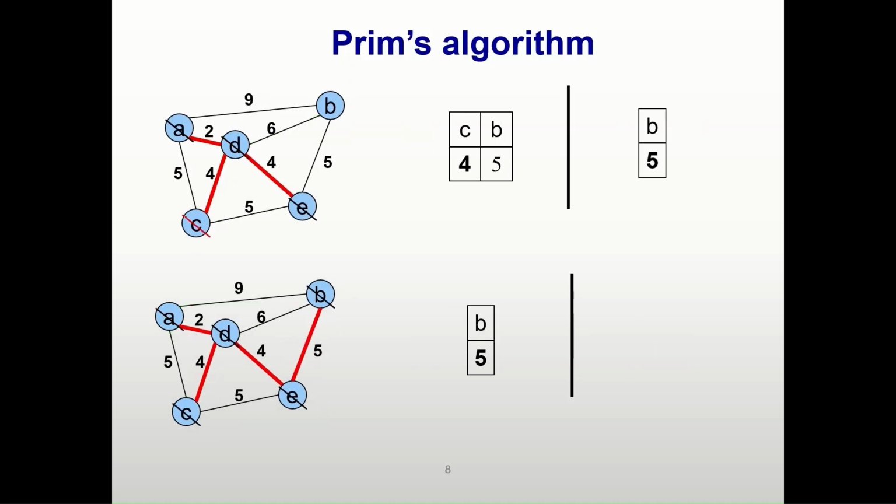Repeat this procedure and finally we get our minimum spanning tree, where the edges taken are DC, BE. In our final minimum spanning tree, there are 5 vertices and 4 edges, which follows the rule of a tree: if a tree has n nodes, there must be n minus 1 edges. So this is our final minimum spanning tree.